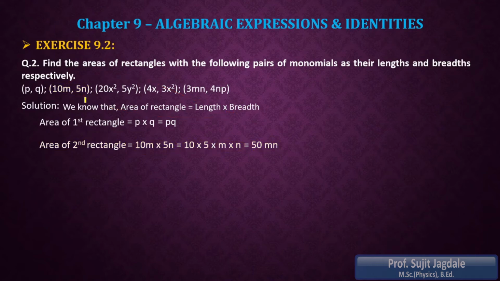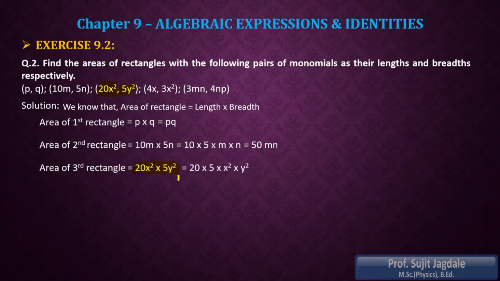Then next, the third rectangle. What is the length and breadth here now? 20x square and 5y square. That is the length and breadth, so take them as a product: 20x square into 5y square. Again take the numbers first. Which are the numbers here? 20 and 5.